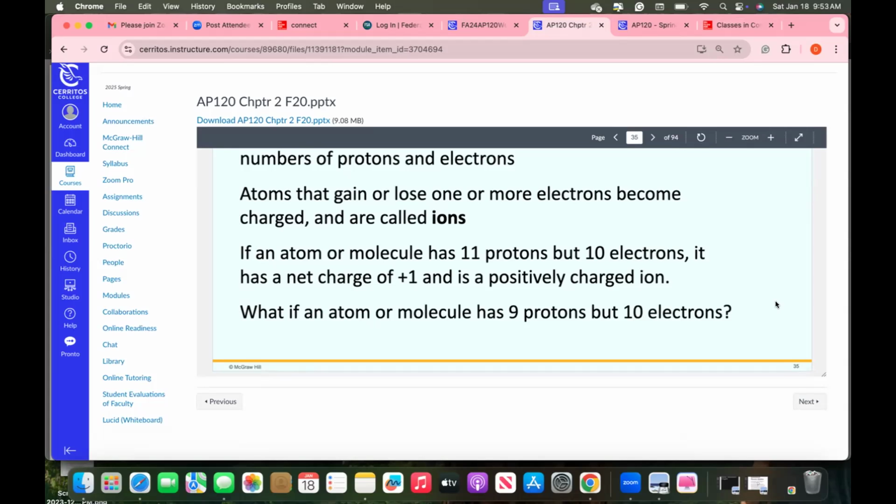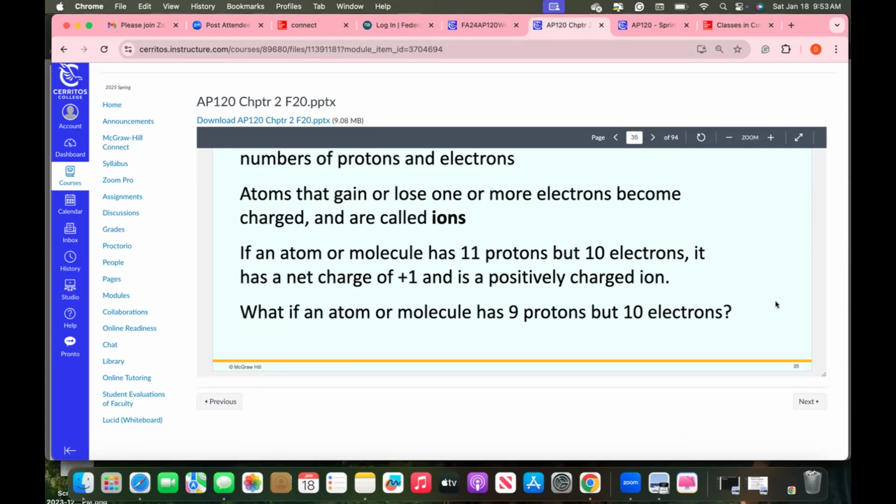This is like +9 and -10. So the signs are different, and it would be a -1.